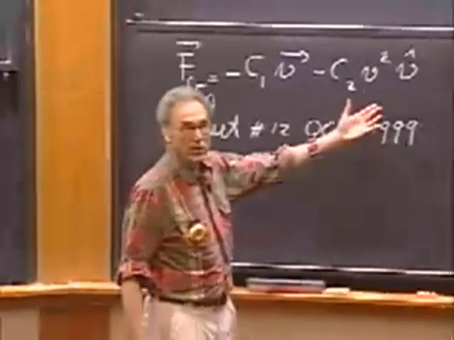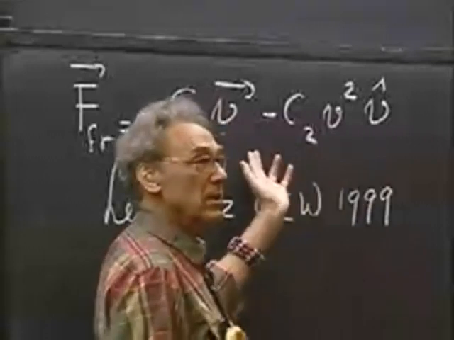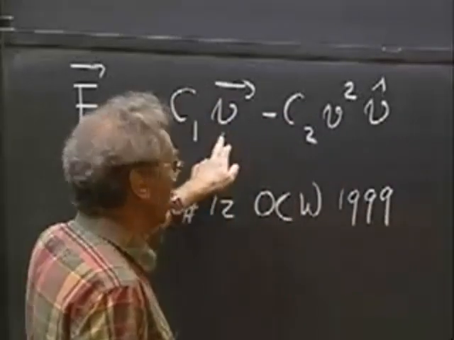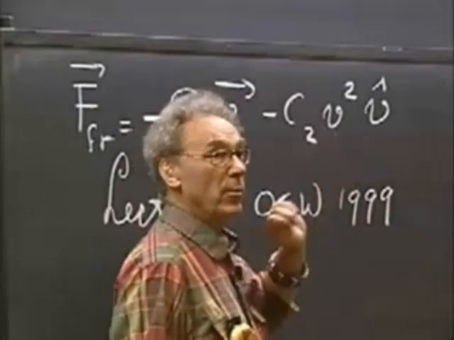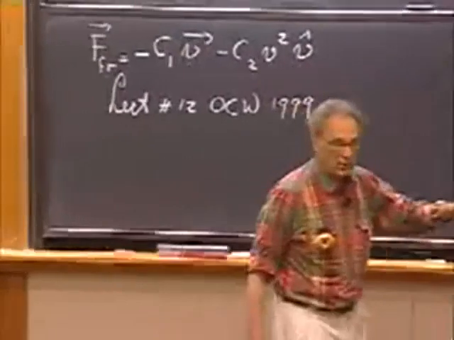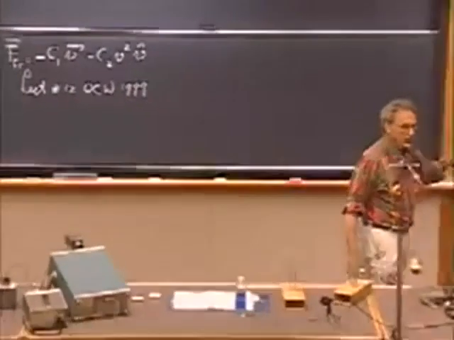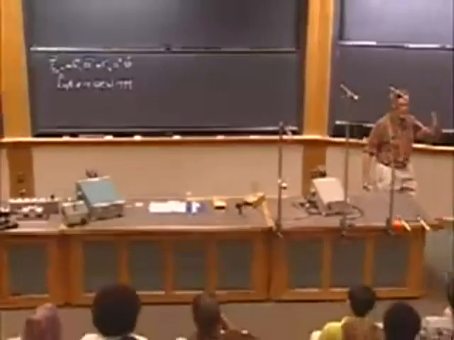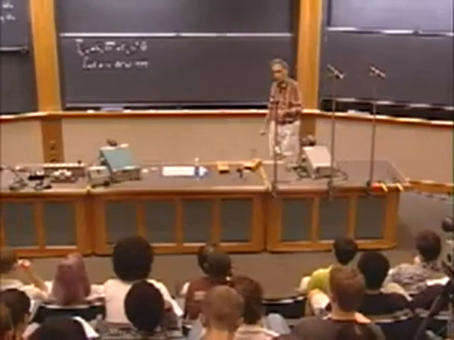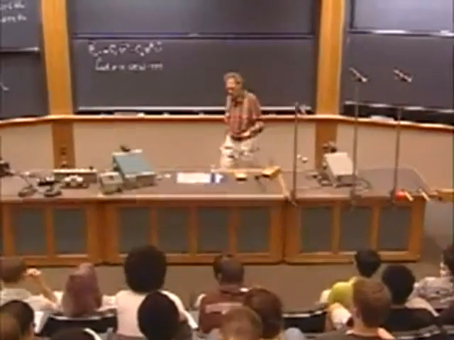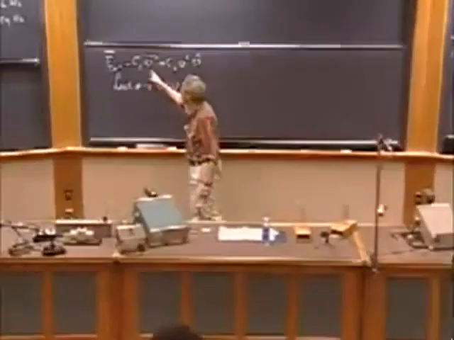I do demonstrations in both domains. If the velocity is low, this term dominates. If the speed is high, that term dominates. When you drive your car 10, 20 miles an hour, it is the V squared term that dominates, the air drag. It slows you down. A raindrop that falls, it's the V square term that dominates, not this one.